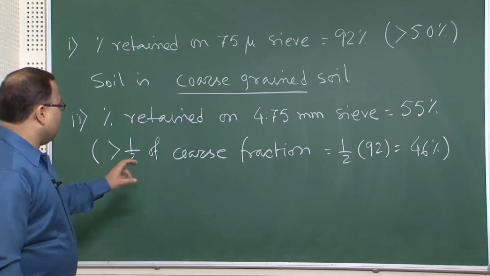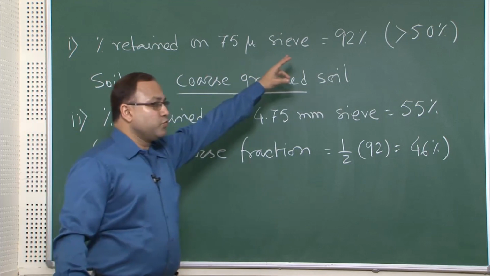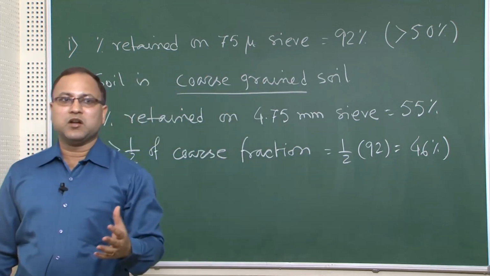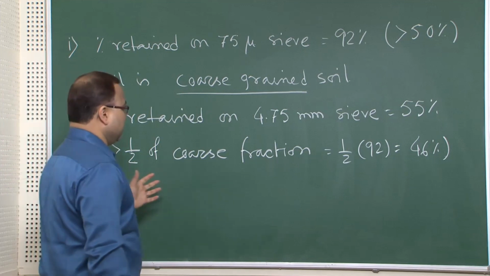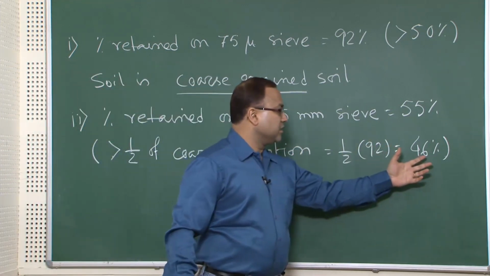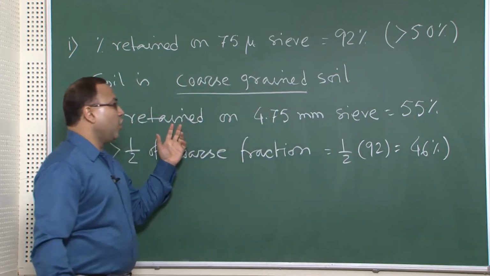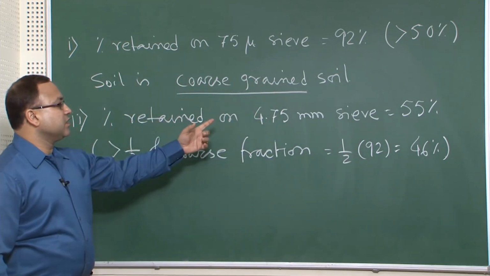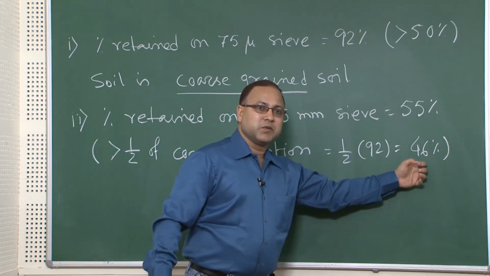Now, what is the coarse fraction? Coarse fraction is 92%, which is retained on 75 micron sieve. Now, half of the coarse fraction, that is 46%, right. But your retention on the 4.75 millimeter sieve is 55%, which is greater than 46%, right.